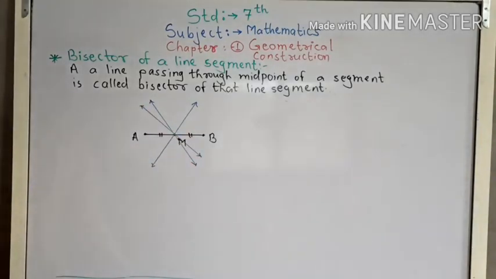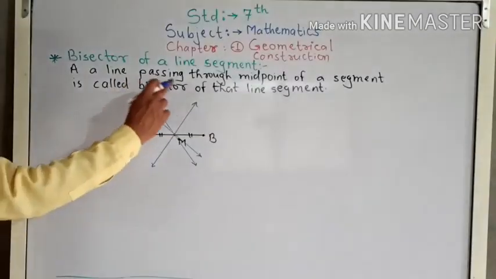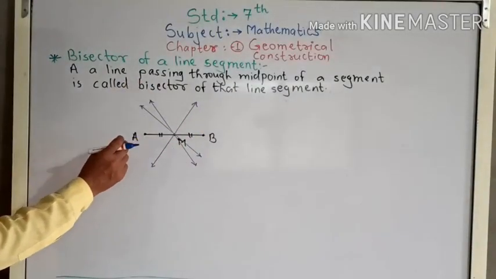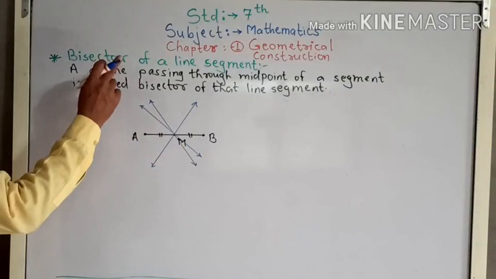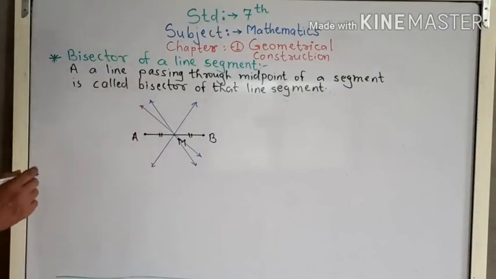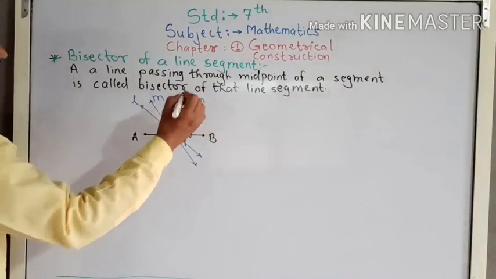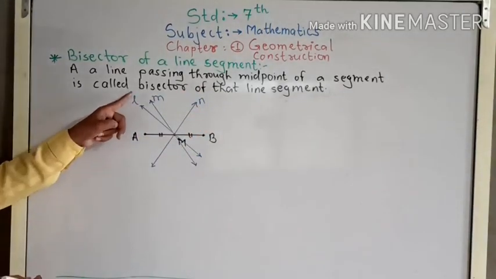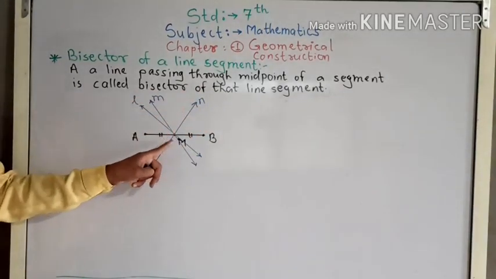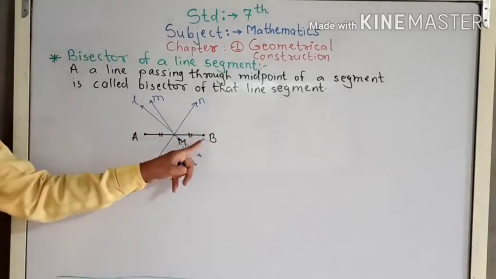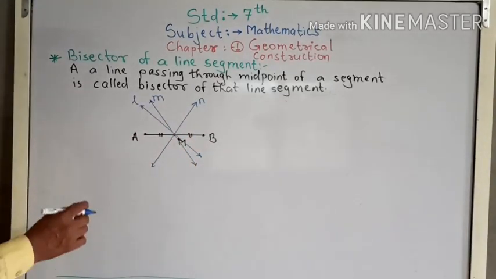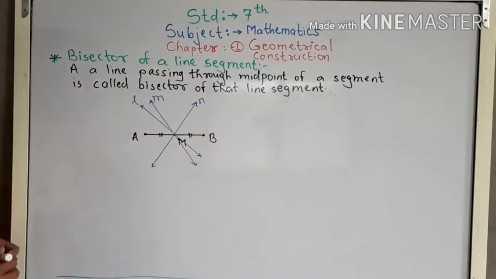It means every line segment has innumerable bisectors. Lines L, M and N pass through the midpoint of segment AB, so lines L, M and N are called bisectors of line segment AB.